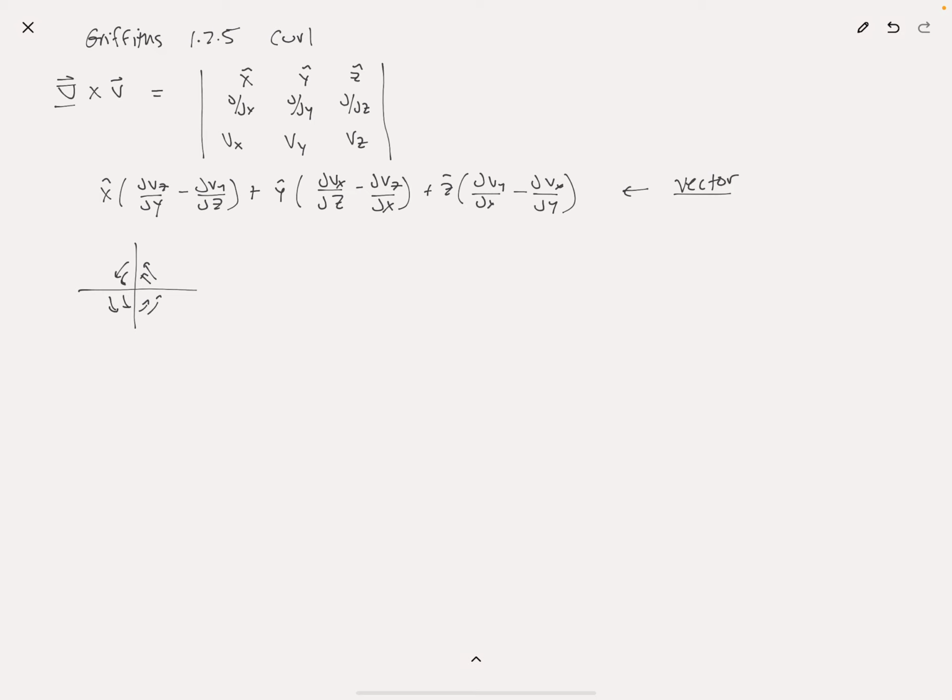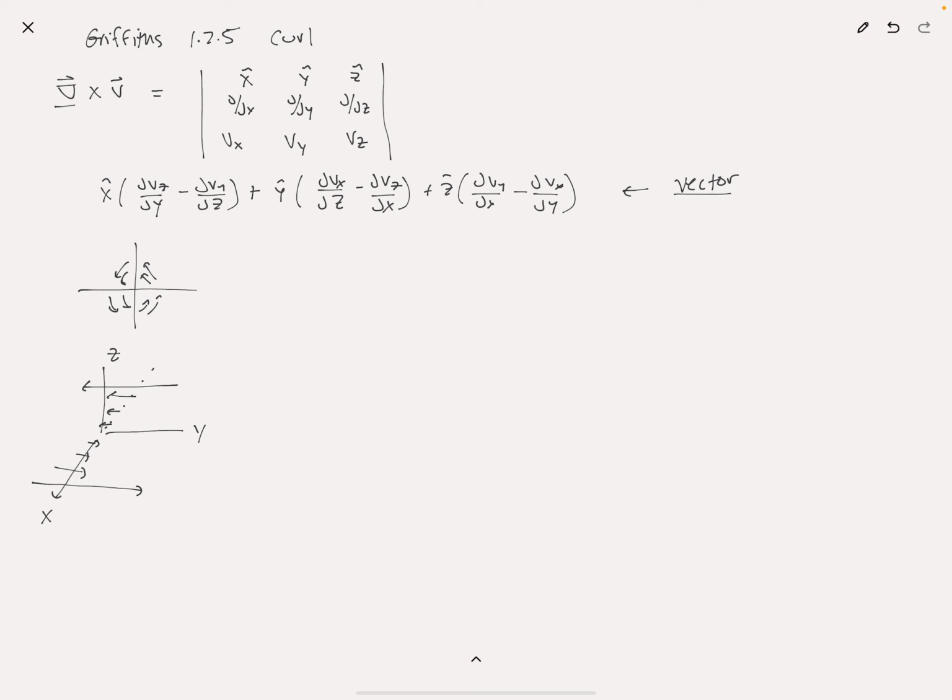All right, so let's go ahead and do an example. In figure 1.19 of your book, they have a field that is in the xy plane, with axes x, y, z, and it is big for positive x. It is big and negative for negative x, and it gets smaller and smaller and bigger again.